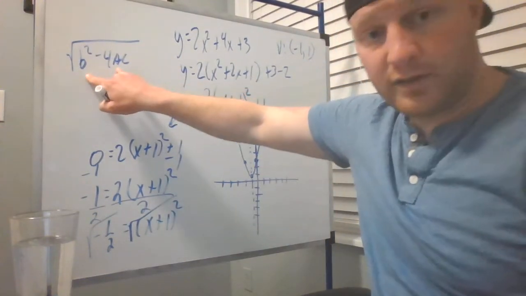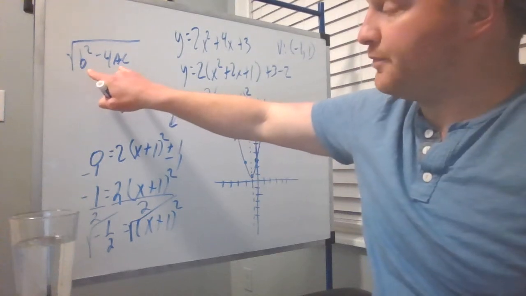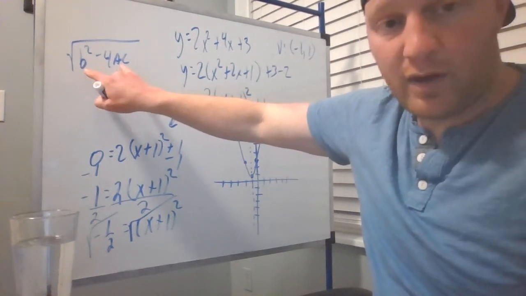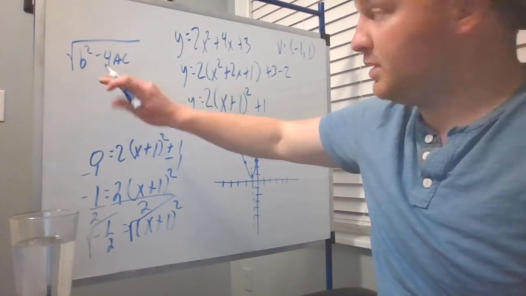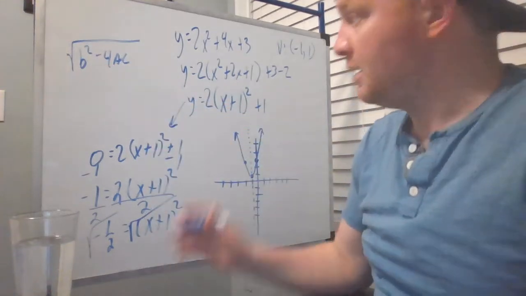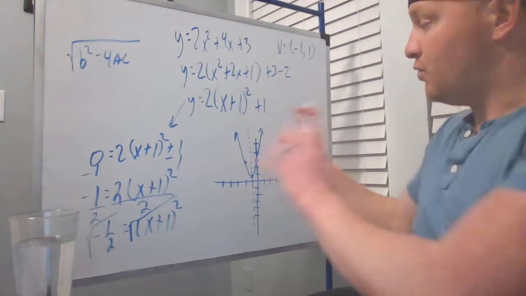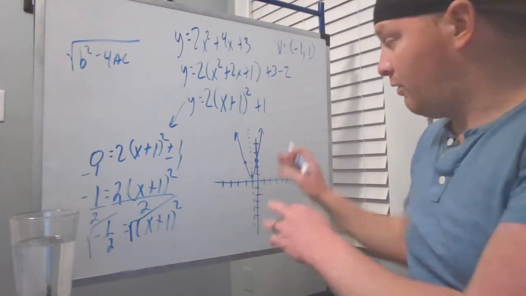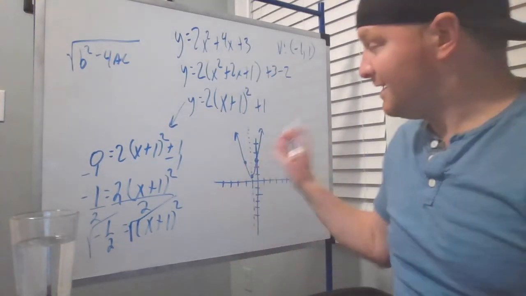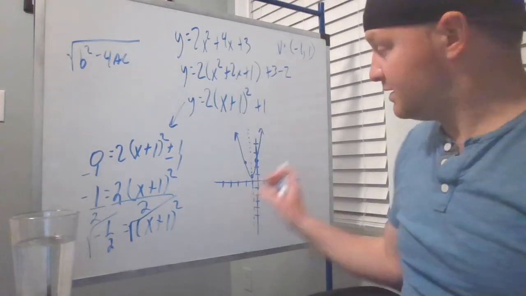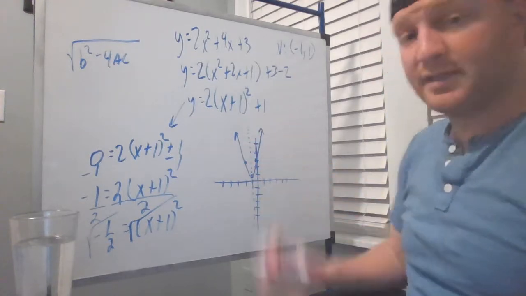And you guys learned that if you have a negative number under the square root sign, then you would not have any solutions. And again, the more you practice this, the more you're going to see that. But again, we can still graph this.